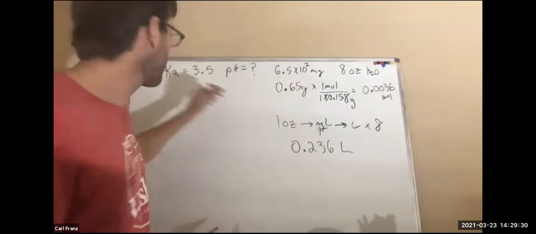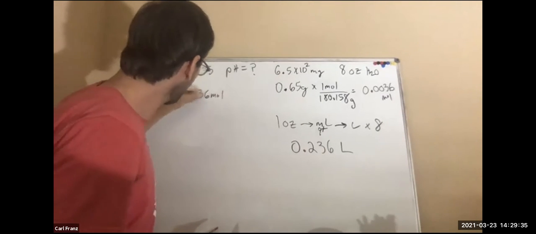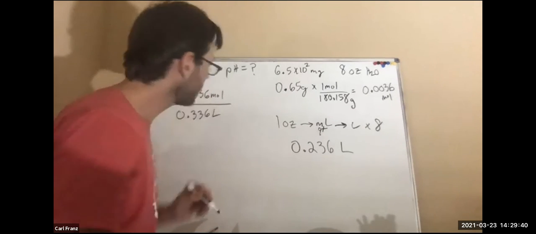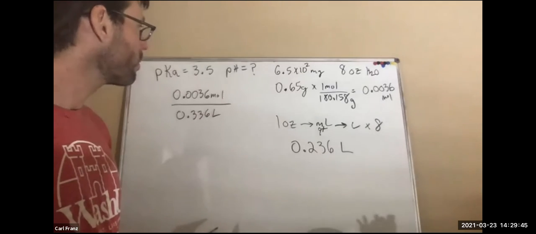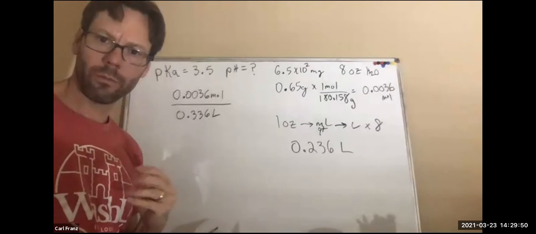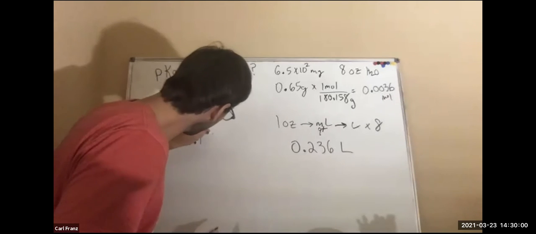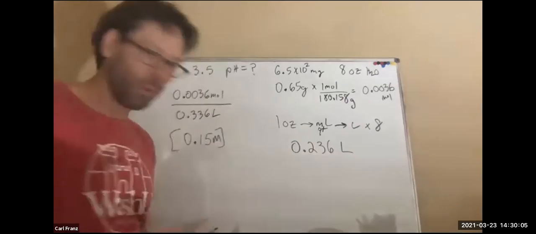So then our concentration is now 0.0036 moles per 0.236 liters. And what is that? We divide this by this. 0.015 moles per liter. 0.015 moles per liter, or molarity.